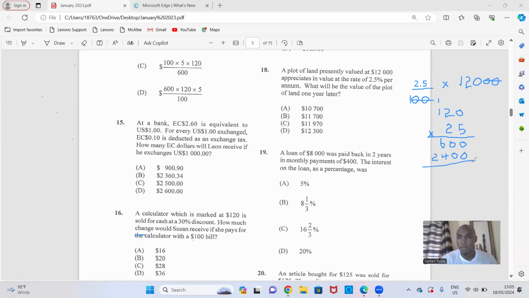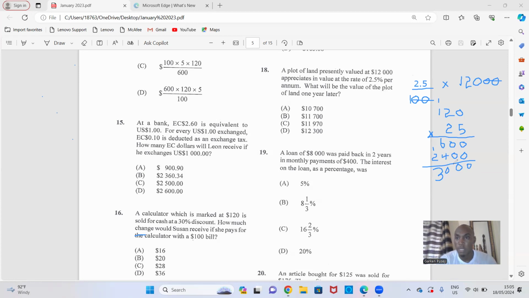And now we have, so this is 0, 0. 6 plus 4, that's 10. So 0 carry the 1. And 2 plus 1, that's 3. So it means when you multiply by 25, we're going to find 2.5% of 1,200.